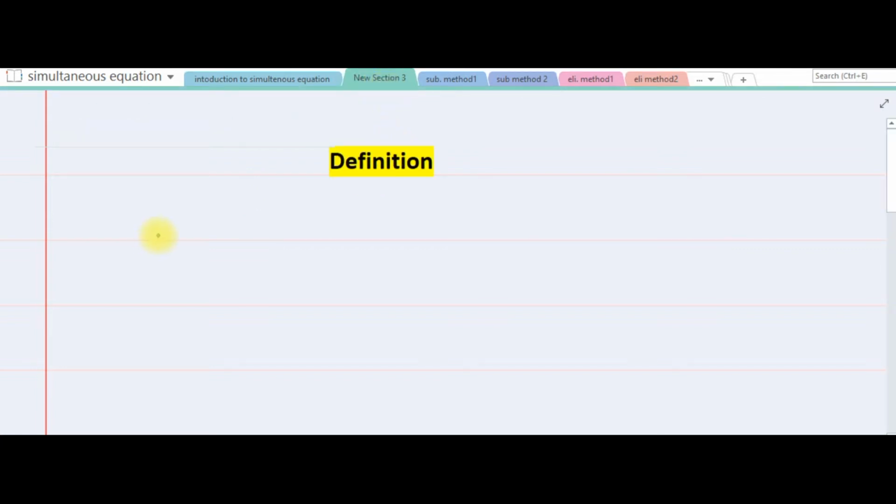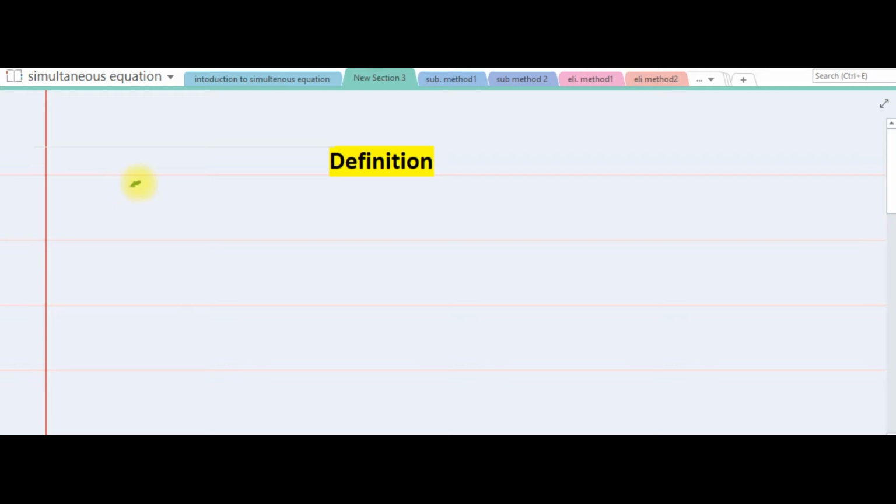Simultaneous equations are a system of equations that the same values of the variables satisfy. That's the definition.